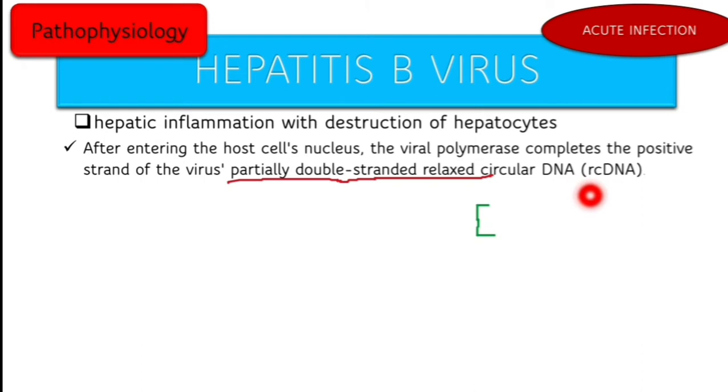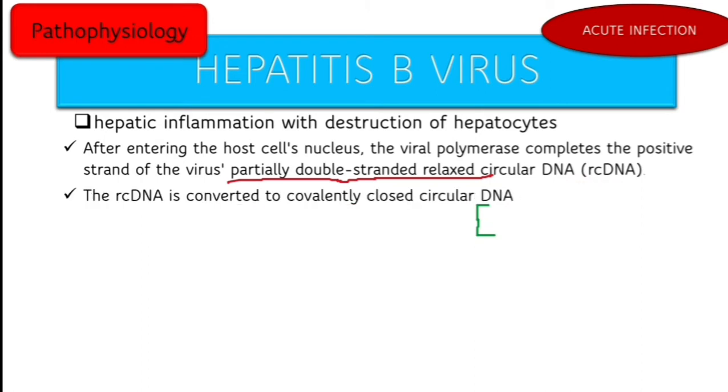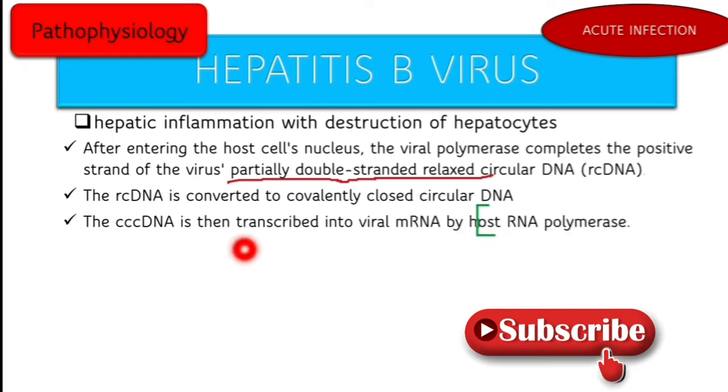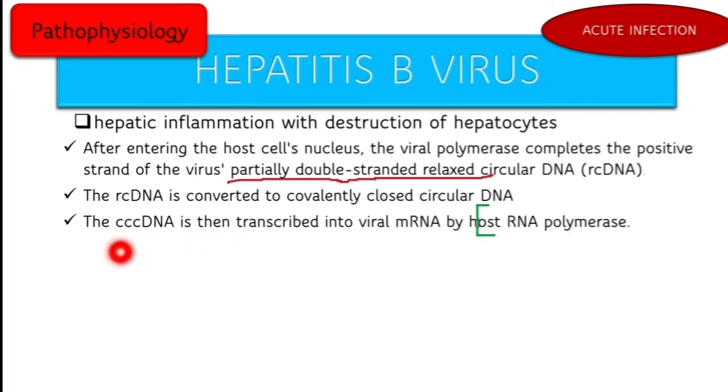This relaxed circular DNA will be converted to covalently closed circular DNA, or cccDNA, right? This cccDNA is then transcribed into viral mRNA by host RNA polymerase.